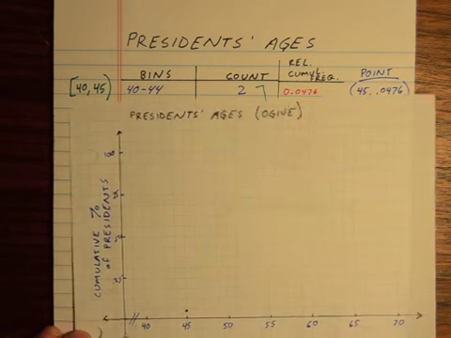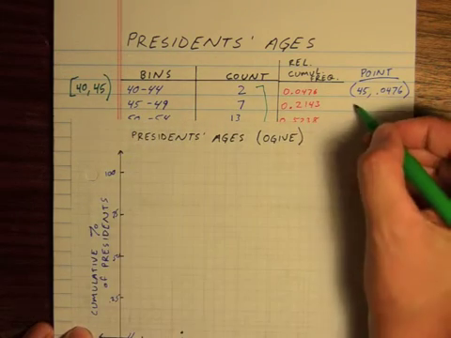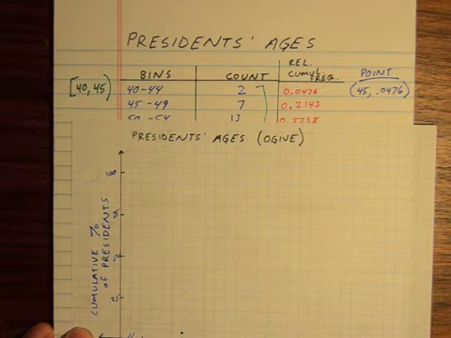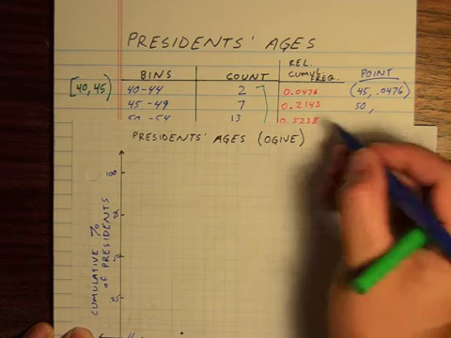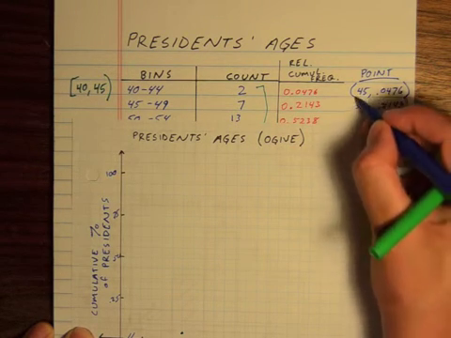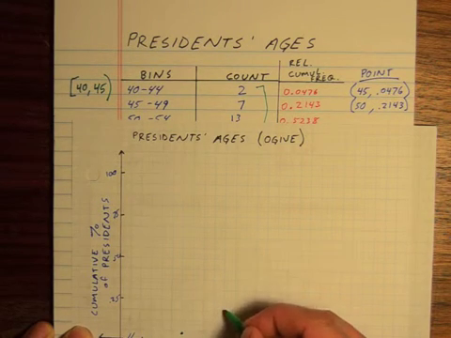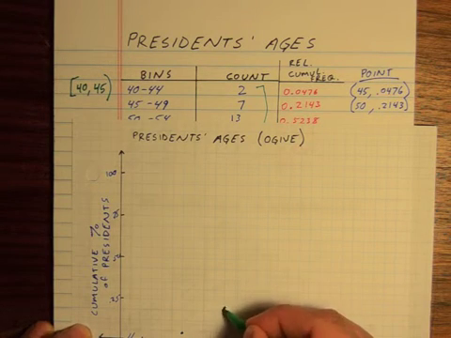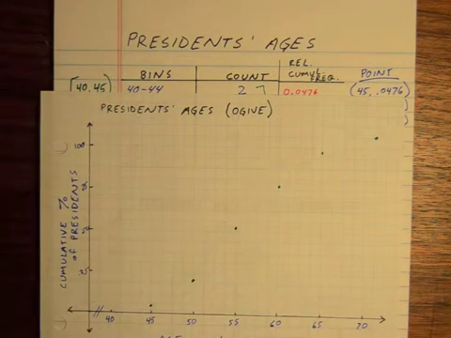Maybe to right there. Now the next point, we see the upper edge of this bin would be 50. And the vertical distance, 0.2143. So we're over here at 50, and we're not quite to that 0.25 mark. So let's continue this process. And then typically we sort of connect the dots.